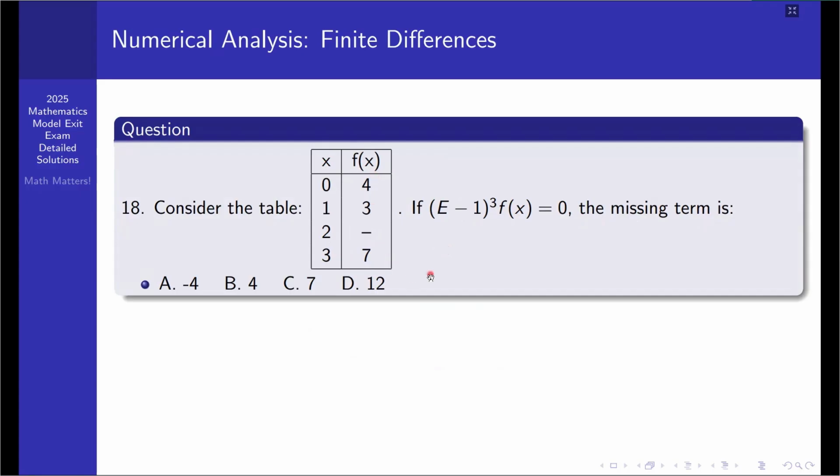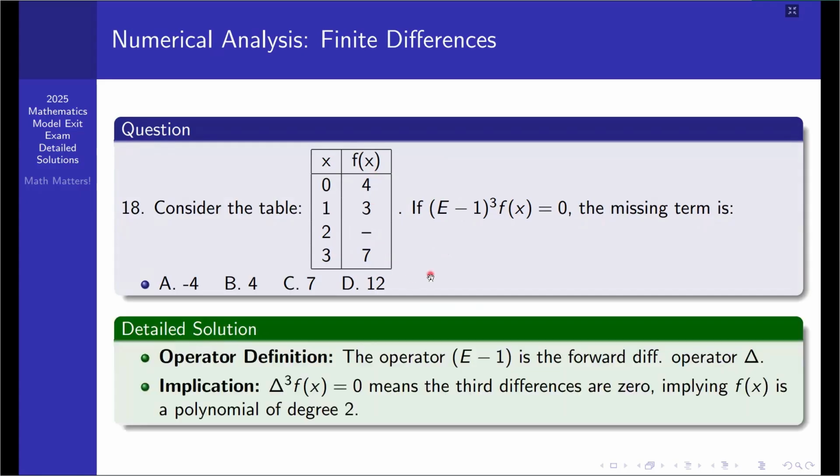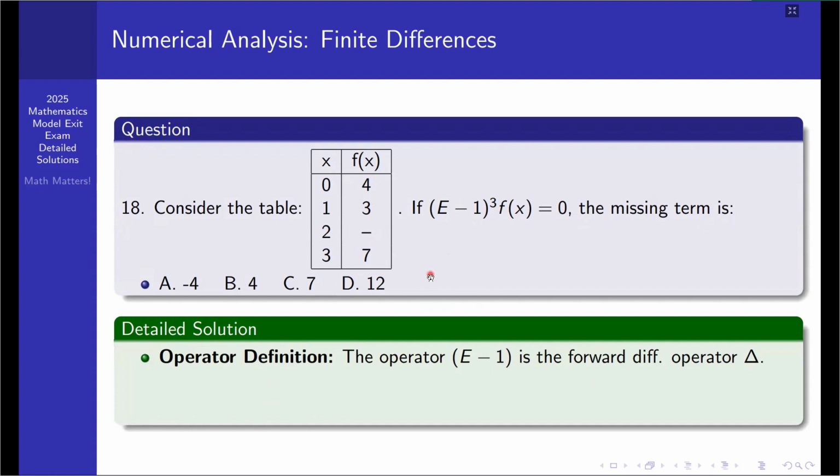We know that the operator E minus 1 is the forward difference operator. They are equivalent.